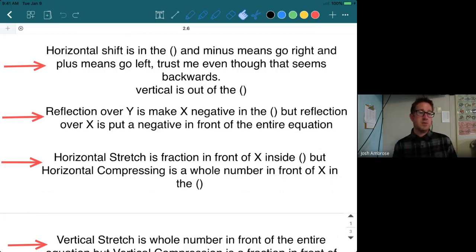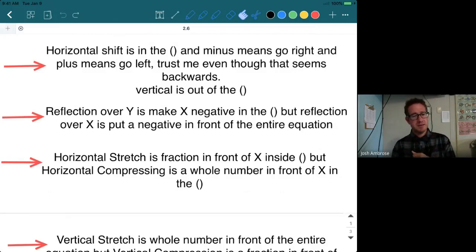Now, a reflection over the y is making x a negative in the parentheses. So in the parentheses, you'll see negative x and then something. But if it's a reflection over the x, then you put the negative in front of the entire equation. A lot of times that means that the entire equation is going to be in a parenthesis, but that negative sign is outside the parenthesis.